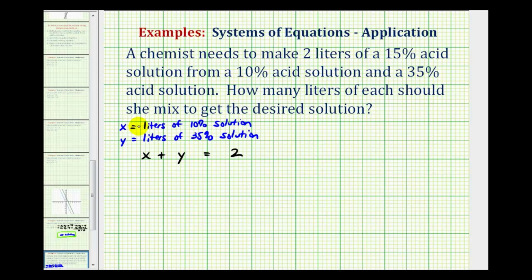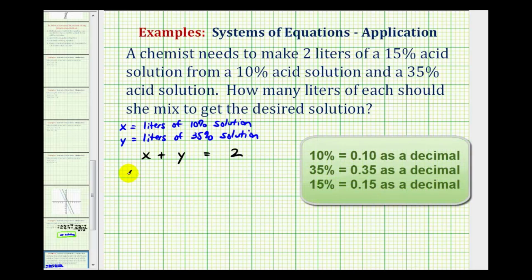Since x is equal to the number of liters of the 10% solution and y is equal to the number of liters of the 35% solution, 10% times x, or 0.10 times x, plus 35% times y, or 0.35 times y, must equal 15%, or 0.15, times the total amount of the solution, which is 2 liters.